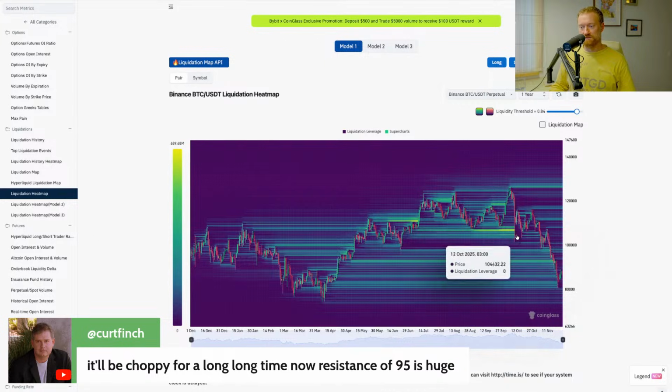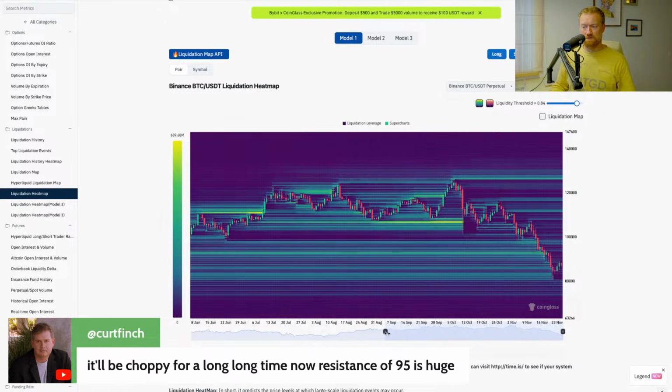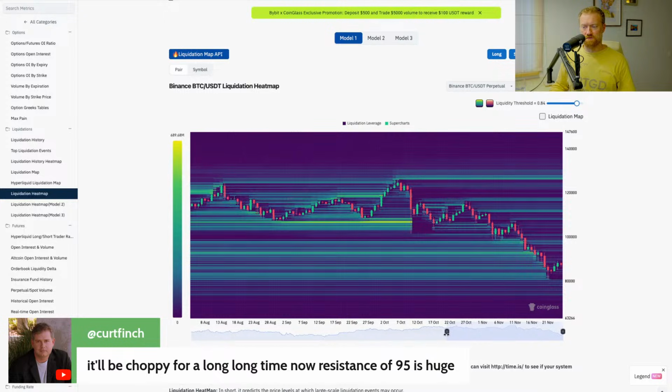I remember this day. 16th, right? No, 11th. I haven't looked at this in a while. If I'm reading it right, there's actually not much leverage right now. At least longs. Everybody's been taken out.